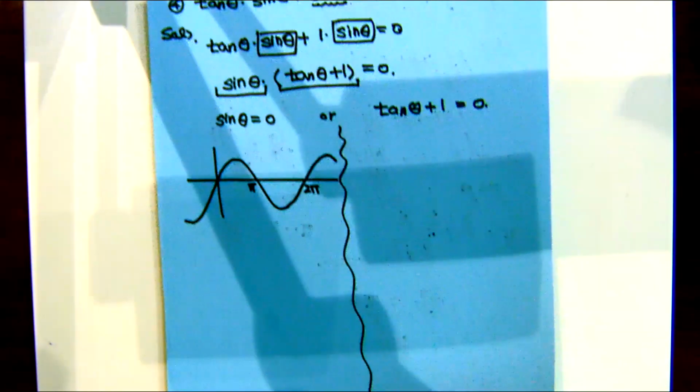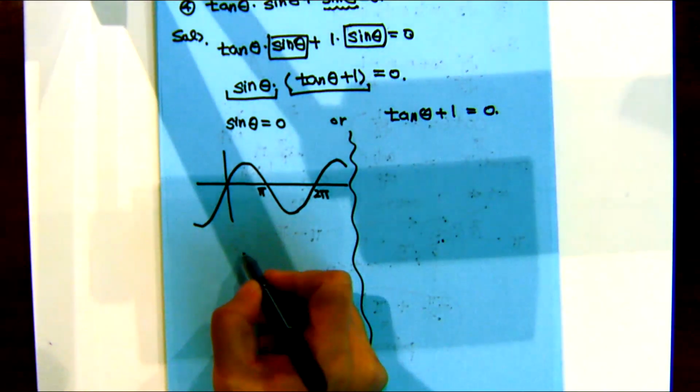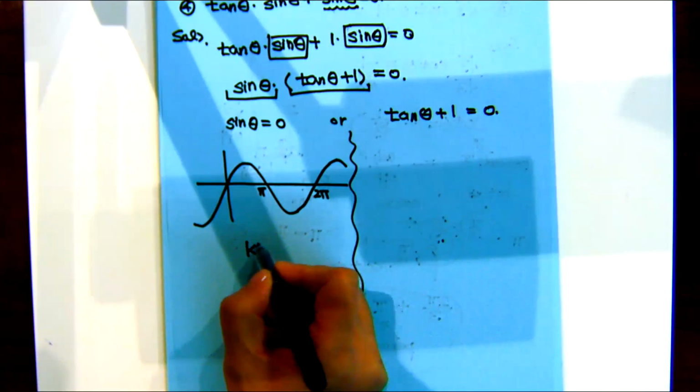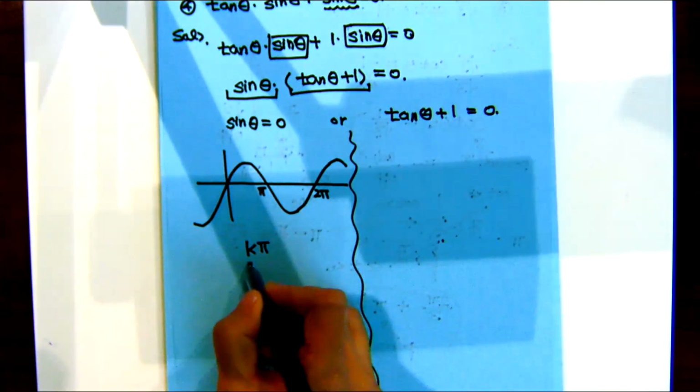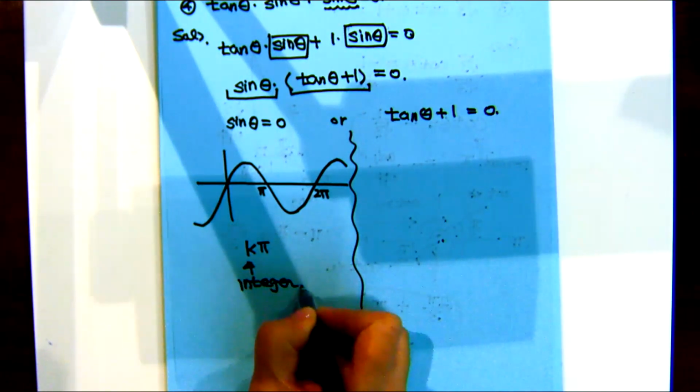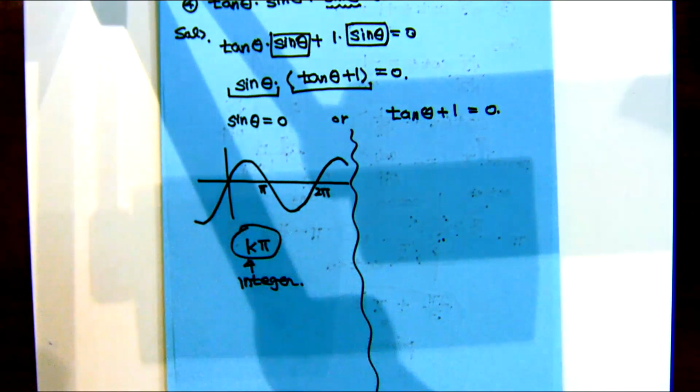So what can I do? In this case, I would write k times pi. K is an integer. And so this is one part of the solution.